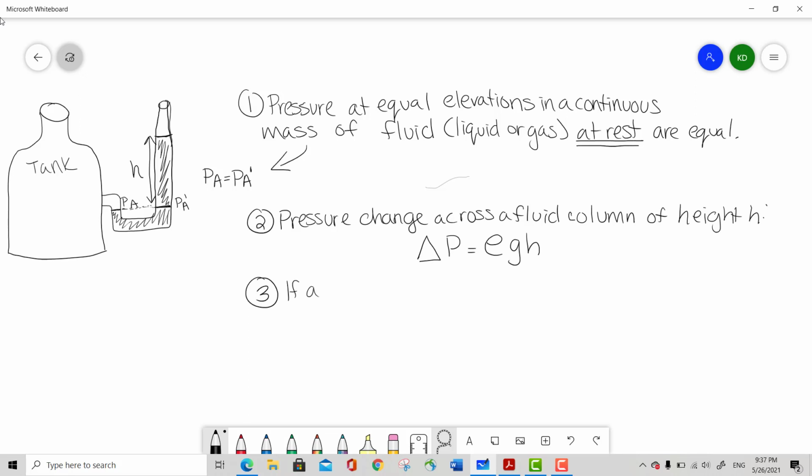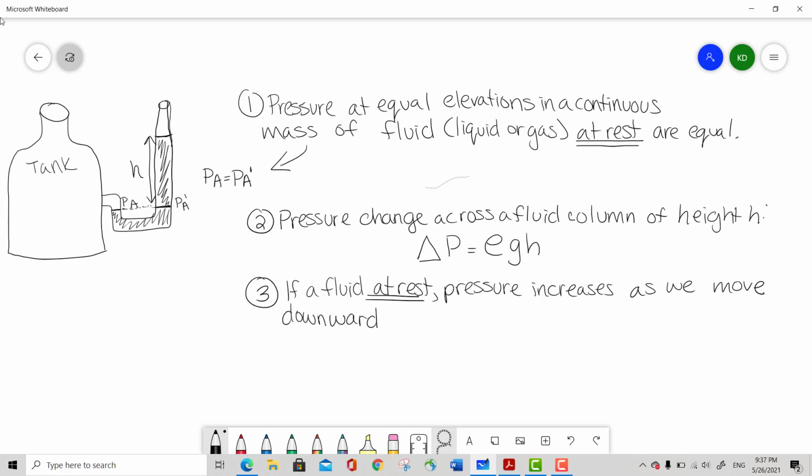And then the third is, if a fluid is at rest, very important, pressure increases as we move downward and decreases upward.